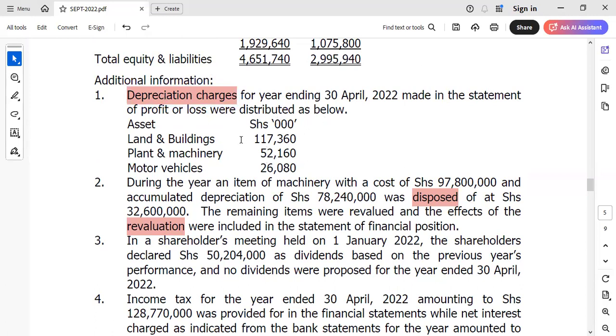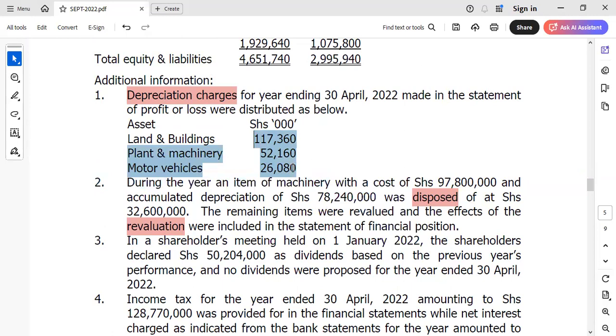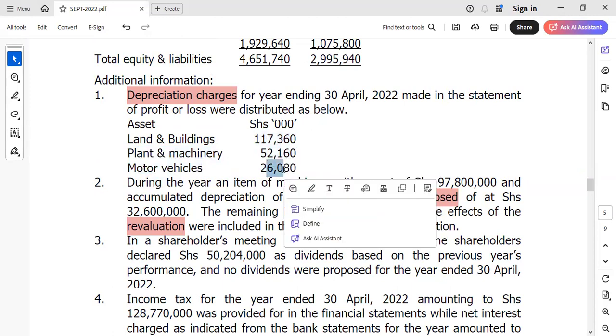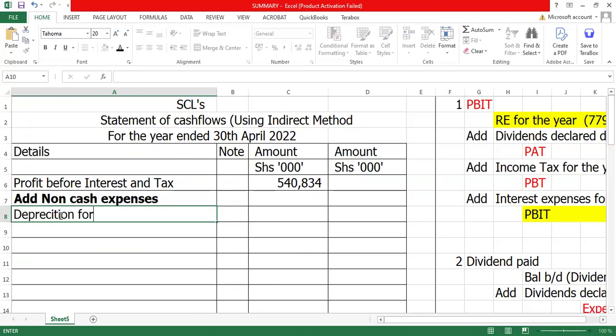So you have the depreciation for the year for this one, this one, and this one, and automatically you have to add that depreciation back. This is for land and building, plant and machinery, and motor vehicles. Add them and tell me the total depreciation for the year.